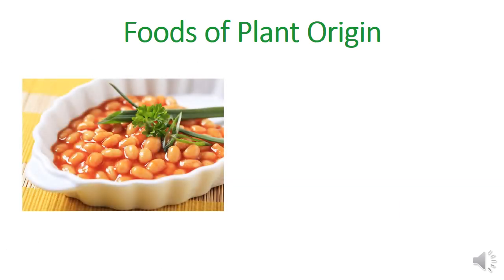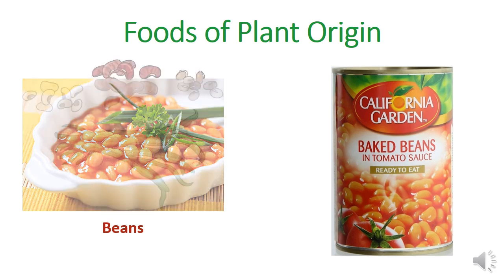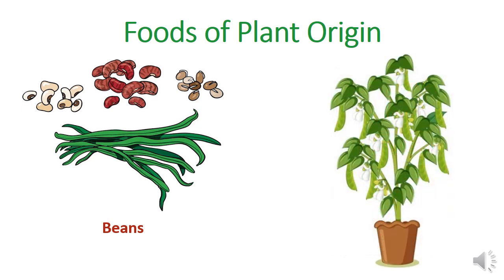How about this dish? What is this? These are the beans. We can find them also in cans like this, or we can find them fresh. We can find the beans in many shapes. So where do these beans come from? They also grow on a plant like this one here. So the beans are of plant origin.